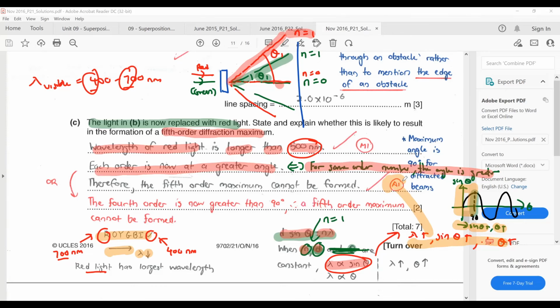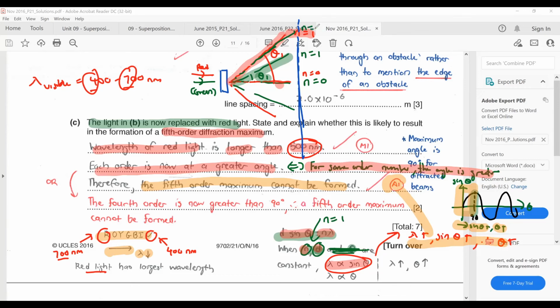Okay, so since everything is now at a greater angle, it's unlikely your fifth order maximum can be formed. Because you see, how should I say this? If this one was your whole screen right now, the green light you have could only go to a certain maximum, maybe n equals 4.